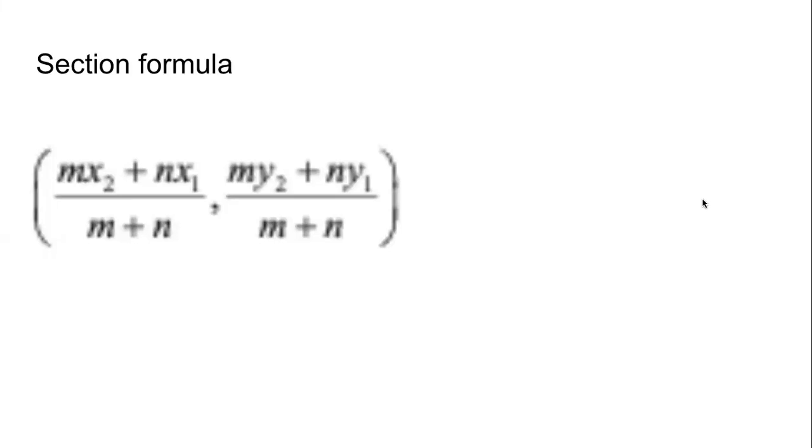Now, if there is a point on the line which divides the line segment in the ratio m:n, then the coordinates of that point, the address of that point, will be given by these formulas. X coordinate can be calculated as mx2 plus nx1 by m plus n, and y coordinate can be calculated as my2 plus ny1 divided by m plus n.